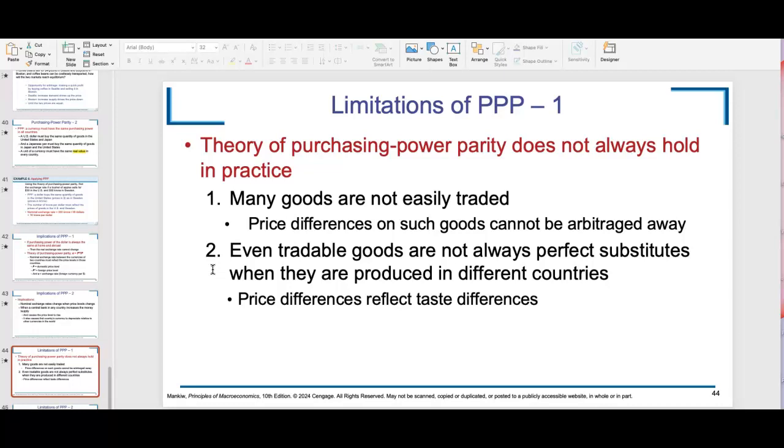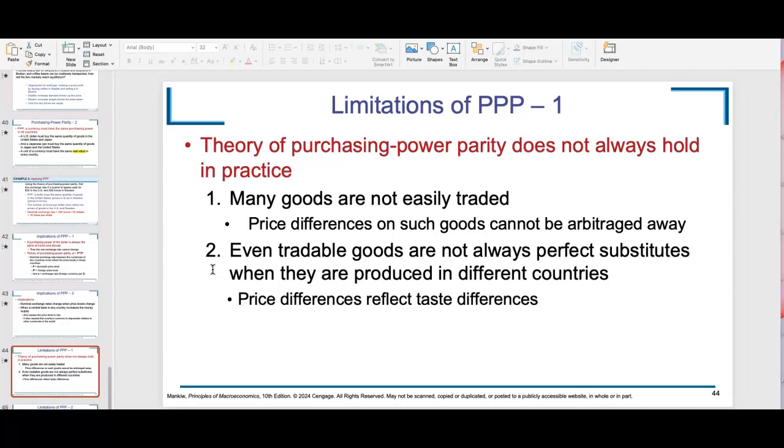You're not going to buy Big Macs and bring them to the US to sell them for more, because you have to transport them. Coffee beans have to be transported. So arbitrage, when it comes to goods and services, is not as automatic as when we're establishing the interest rate on bank funds, like the federal funds rate.